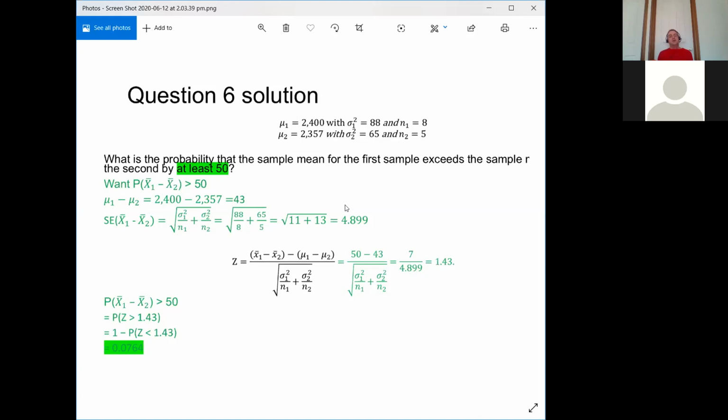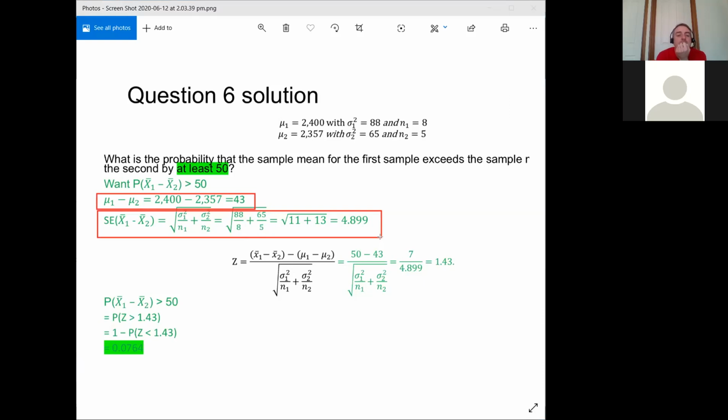So they've got this part here is the calculating of the mu1 minus mu2, like the mean of this distribution of x1 and x2, and this is the standard deviation of this distribution.